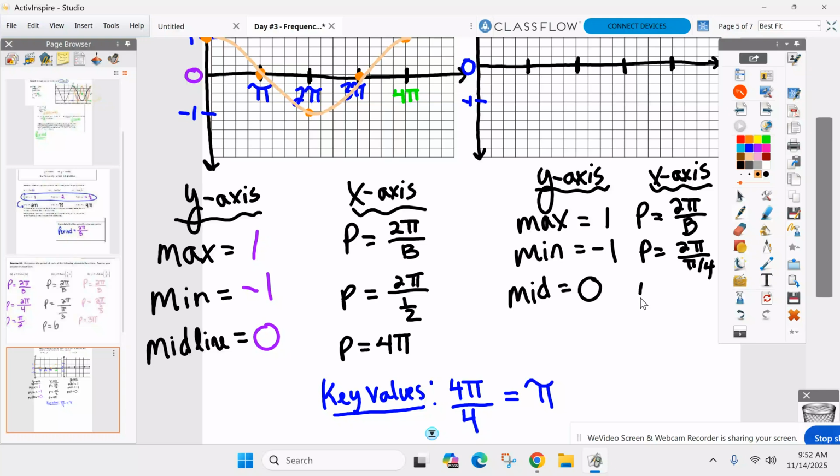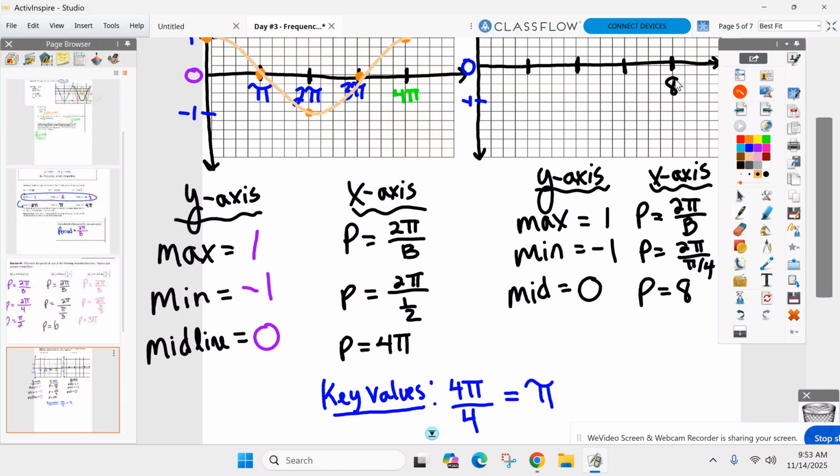You want to tell me what the period's going to be when you're ready? 8. All right. Hey, it is possible you might not have a pi in there. It's going to go out to 8. Now, the other tick marks.